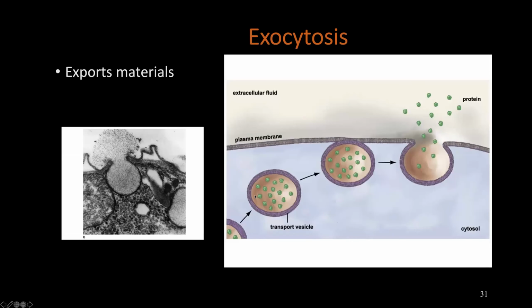So for example, if there are breakdown products from salts or amino acids that the cell wants to get rid of, it can package them in a vesicle, move that vesicle to the membrane. The vesicle membrane fuses to the plasma membrane, and whatever garbage the cell is trying to get rid of goes out into the extracellular fluid.